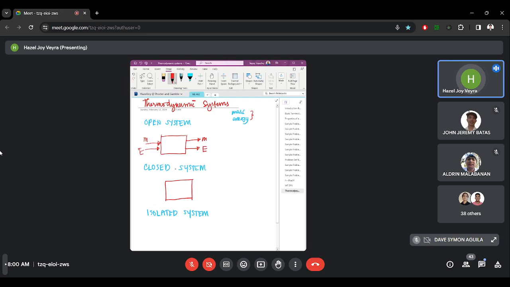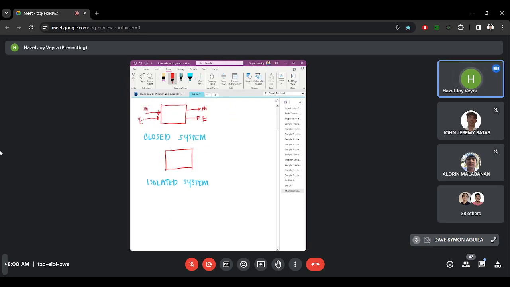Next is for closed system naman. In this case, walang mass na nagko-cross ng boundaries. Yun lang, energy. Meron tayong energy in and energy out dito. Walang mass, no? Walang mass.